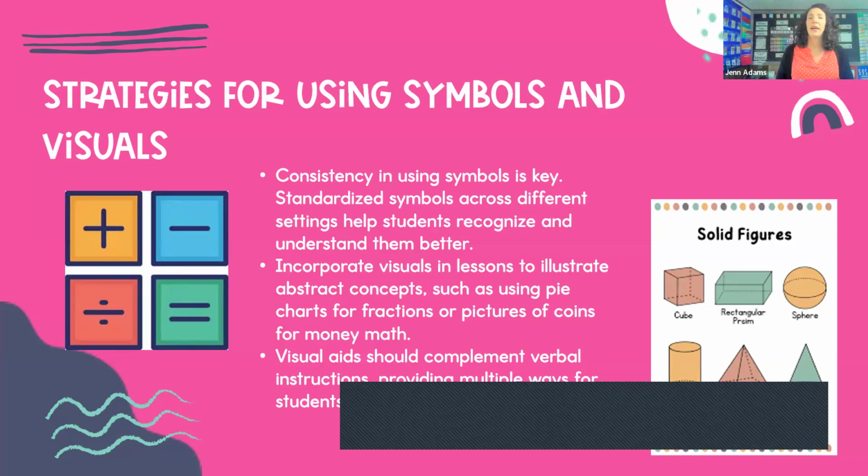Other things like using symbols that represent the same thing. So maybe a picture like you see of these solid figures, I might just use these pictures to start. And then eventually, as students start to be able to identify cubes, spheres, cones, then I can bring in other things, maybe even bring in some physical manipulatives and see if the student then can transfer that skill from seeing it in visual form to seeing it as a concrete object in front of them.